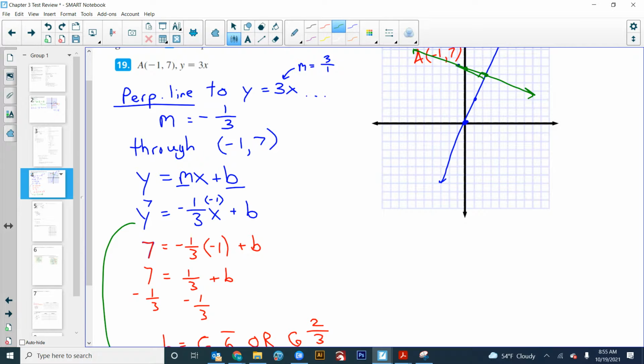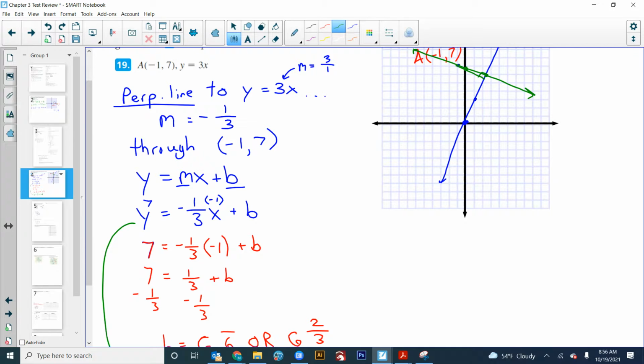That's the perpendicular. So the answer to my question earlier, what does that green line represent? It's the perpendicular line that goes through this blue line and also goes through the point (-1, 7). Do you agree? But we don't need to graph the whole line. All we care about is the length of a part of it. Just part of it. Okay?